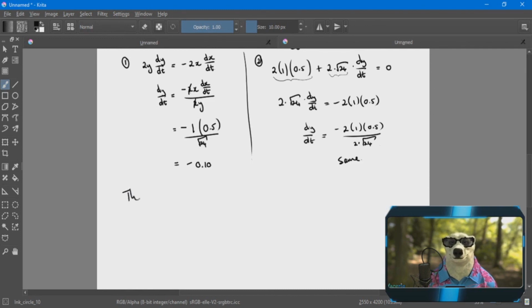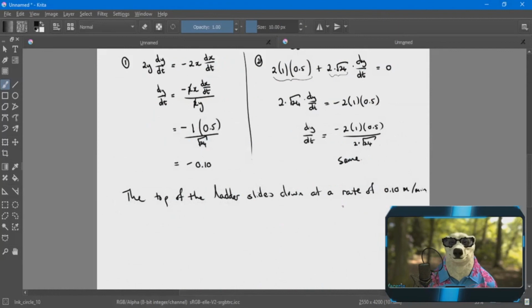So we can say the top of the ladder slides down at a rate of approximately 10 meters per, was it minute? Let's check.